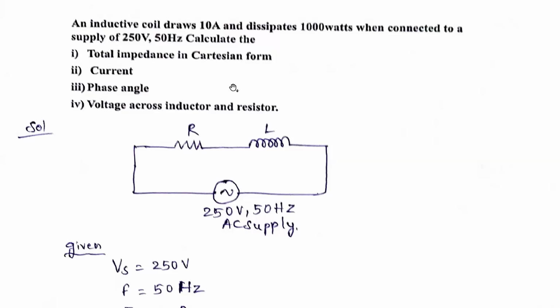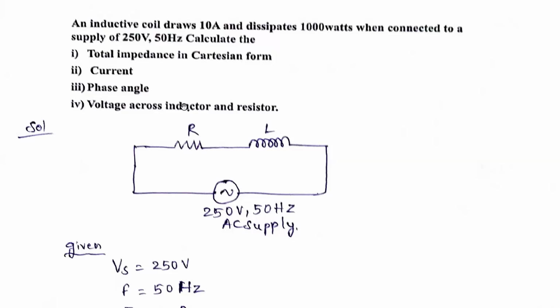If this is not given, it is purely an inductive load that we can consider. But here total impedance is also given. Impedance is the combination of resistance and inductance. So that is one clue. And another one is voltage across inductor and resistor. So that is also one clue.